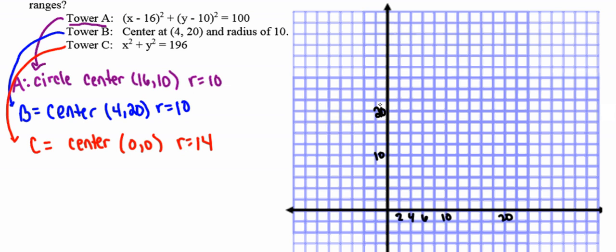And then I'm going to get down to business, and let's get these cell phone towers on our graph. So Tower A has coordinates 16, 10. So there's his center, and the radius is 10.